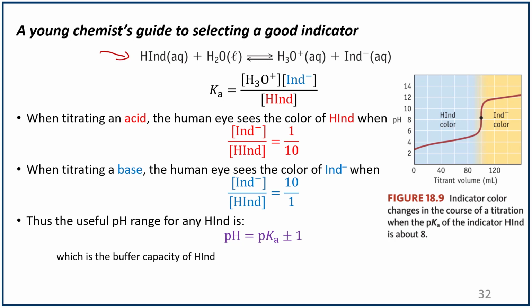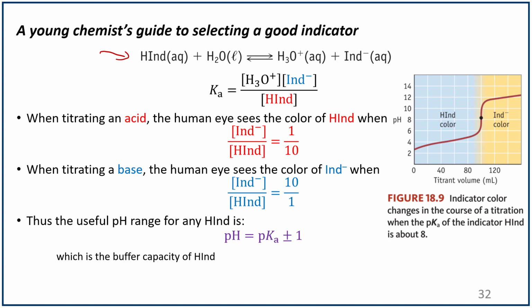Okay. The presence of an indicator in solution does not at all affect the titration. I mean, it's a weak acid. Some of you might ask, well, what if I'm titrating an acid? Won't that throw off my results? Or what if I'm titrating a base? Won't that neutralize some of my base?